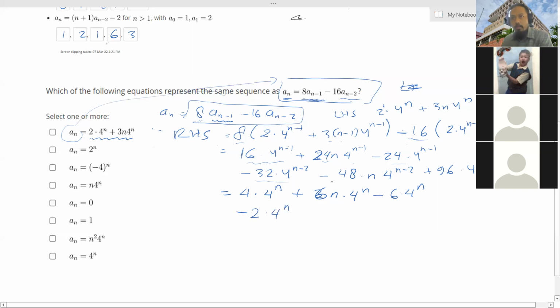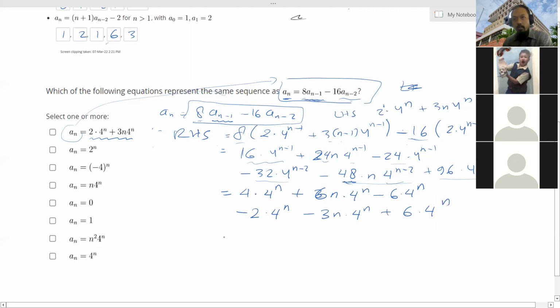And then here you take out the 16, you combine the 16 from 48, so you get minus 3n times 4 to the power of n. And then this one, you take out the 16, that means you have 6, right? So plus 6 times 4 to the power of n.